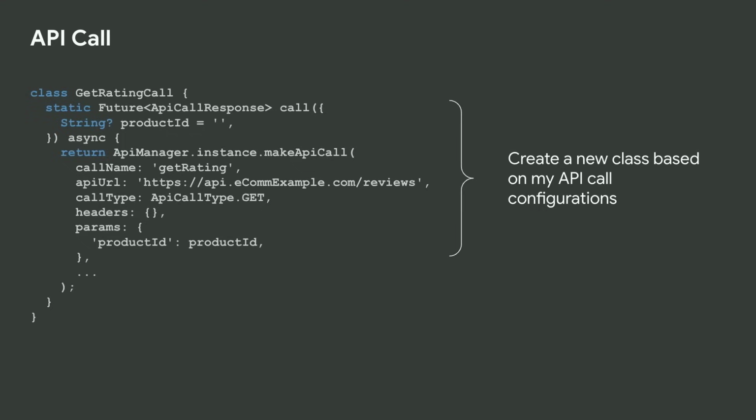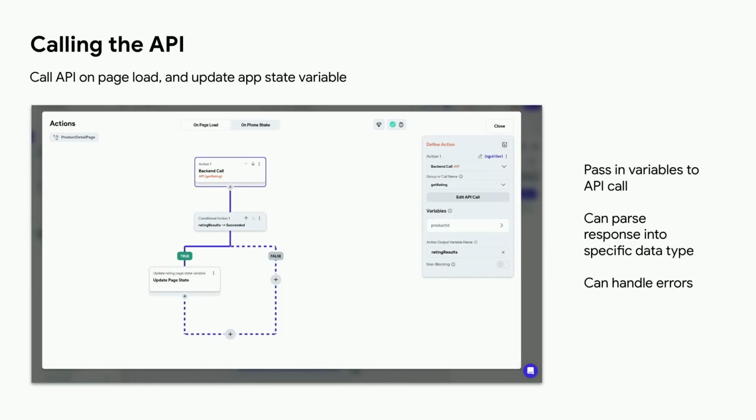So those were the classes that are just generated by FlutterFlow to use in all API calls. But when you create an API call the way I did before, it will also create a class specific to that call. So in my case, I created an API to get my product ratings. So FlutterFlow has generated this GetRatingCall class. In FlutterFlow, when I want to call that API, I can again go back to actions, which are essentially just functions, right?